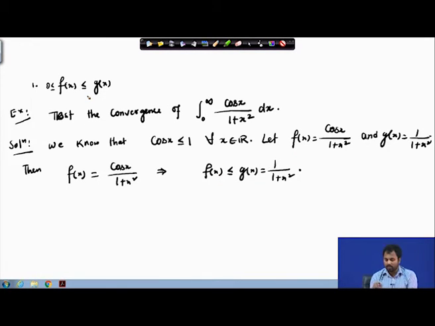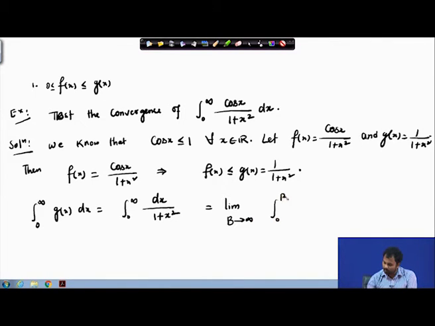So, the first criterion is satisfied, and the second criterion is to check whether the integral of g x is convergent or not. So, the integral of g x dx equals the integral from 0 to infinity dx by 1 plus x square, right, and this can be written as the limit b goes to infinity of the integral from 0 to b dx by 1 plus x square.